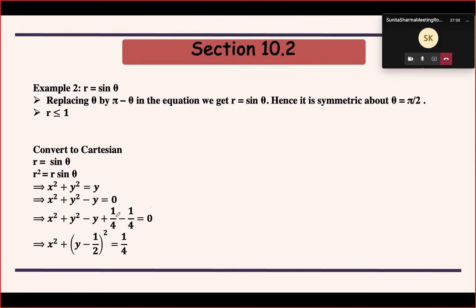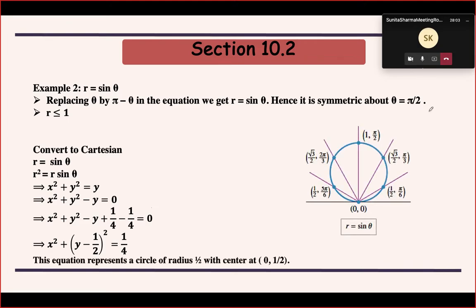You add and subtract 1 by 4 and complete the square for y. X square is already there, so there's no need to do any other step for x, and then the right hand side becomes 1 by 4. So that means it is a circle of radius 1 by 2, center is 0 comma 1 by 2. So the center is lying on the y axis, or you can say the center is lying on this line, theta equals pi by 2.